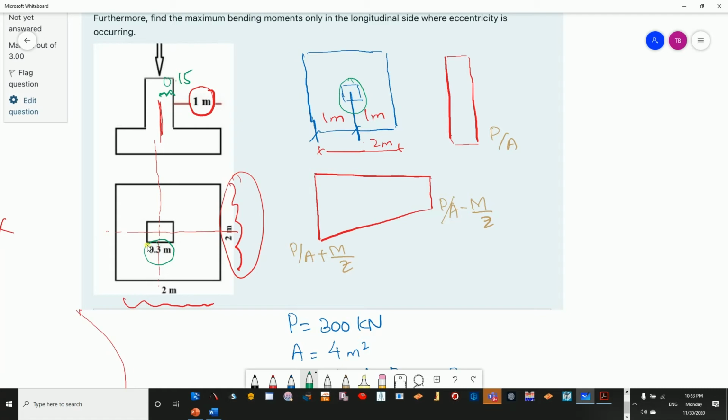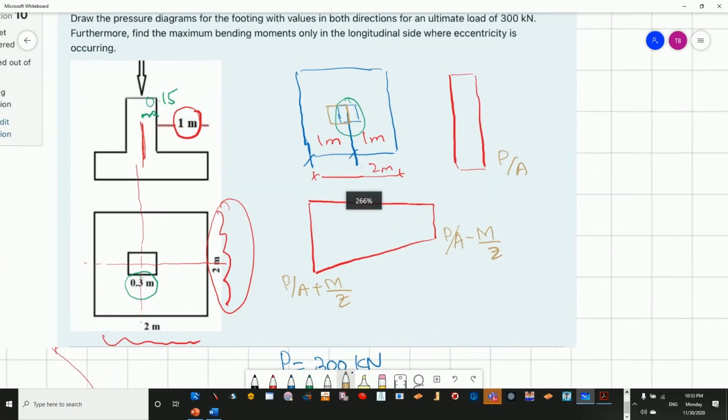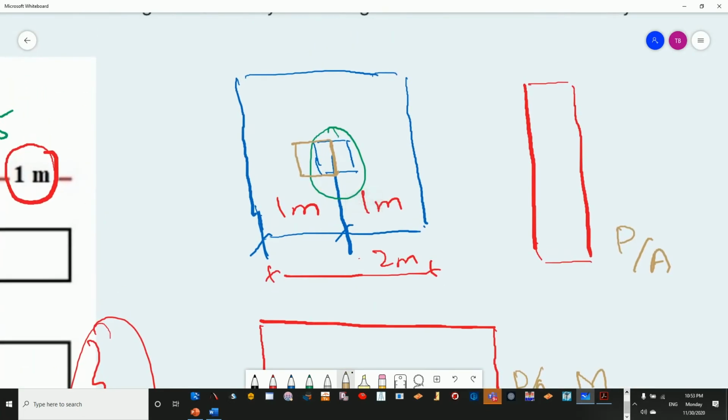So it means I pushed my foundation by a value of 0.15. If we zoom in, we will see that this was the center, and now this is my new center. How much is the difference between them? The difference is from 1 to 1.15.